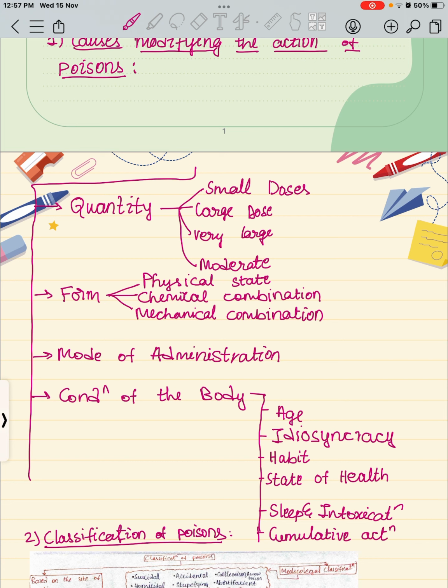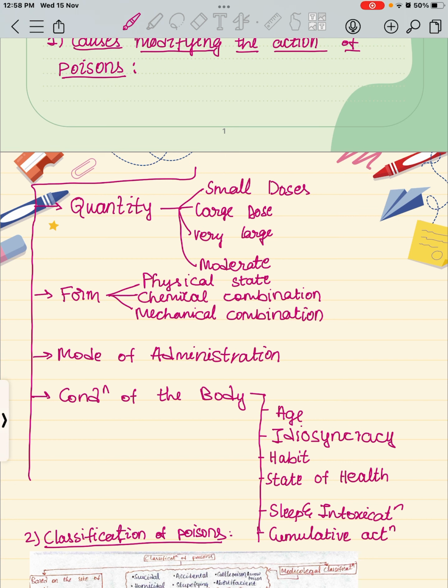So what do I mean by rapidity? As I said, rapidity of gas is more than liquid. For example, if I inhale a poisonous gas, I may die within 2 minutes after inhaling that poison.